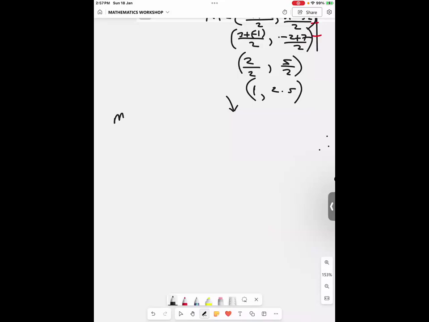So you're going to take the gradient of M1. We know that the gradient of the first line was 9 over negative 4, or the same thing as negative 9/4. So when you hear the word perpendicular, here's what you're going to do.